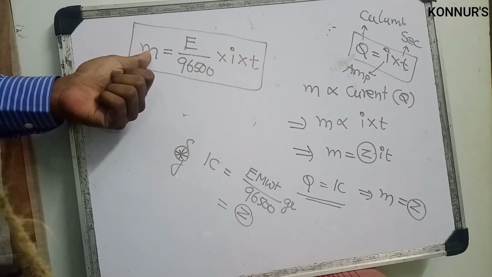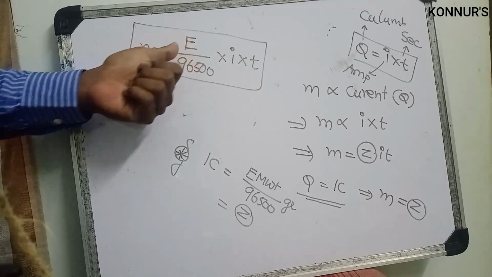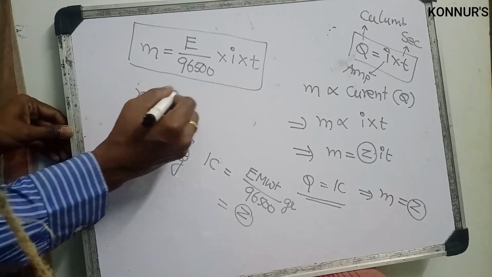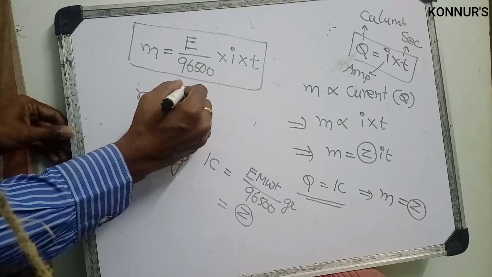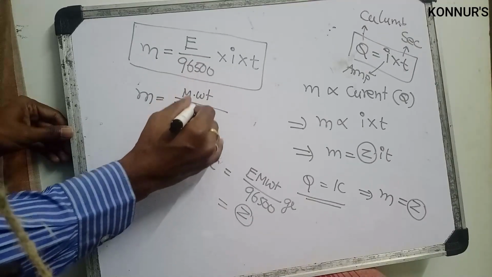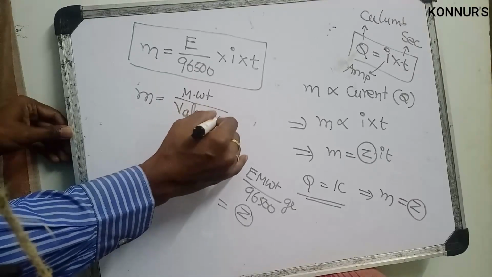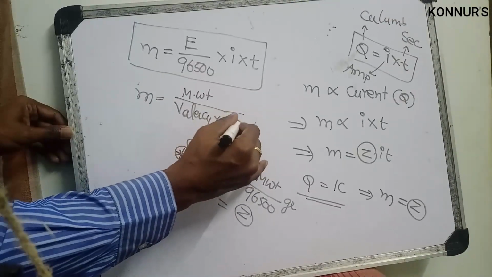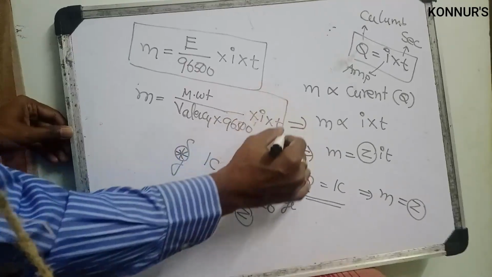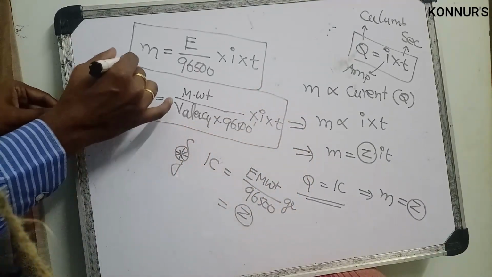Otherwise, you can expand this equivalent weight. Equivalent weight equal to molecular weight by valency, so M equal to molecular weight by valency into I into T by 96500. This is the total equation.